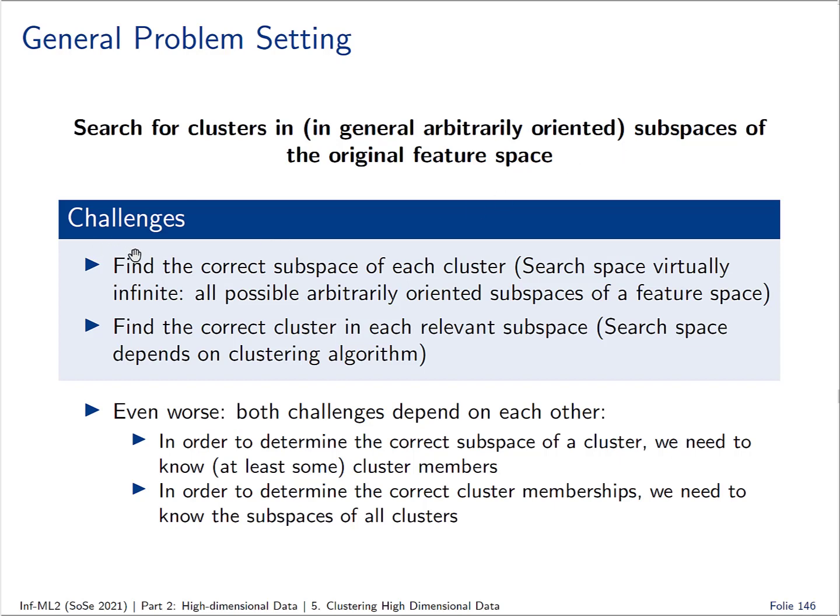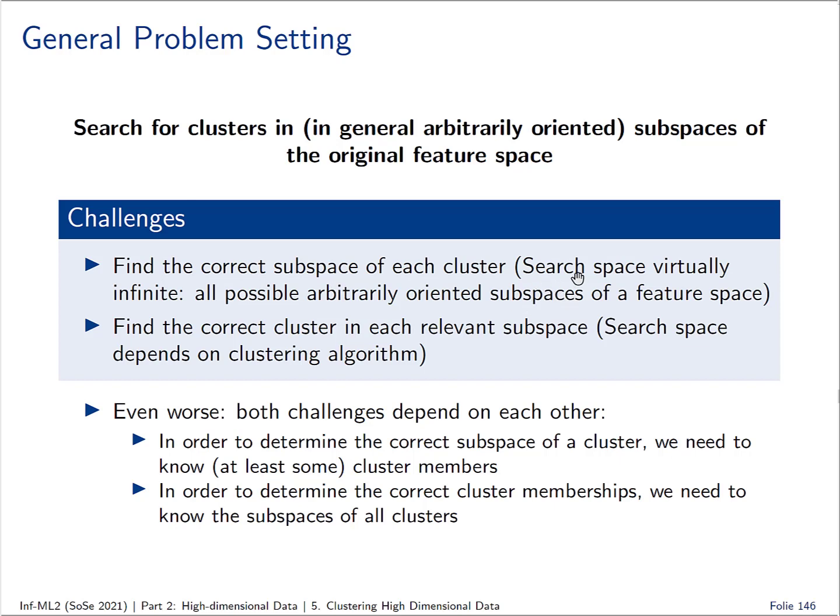Yeah? So the challenge now is not only to find the correct cluster. There's a second point. We want to find the correct cluster in each relevant subspace. The search space here depends, of course, on the clustering algorithm, but both are actually interchangeable. So in addition to finding the correct cluster, we also need to find the relevant or correlated features, meaning the correct subspace of each cluster.